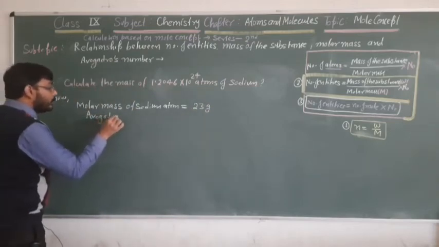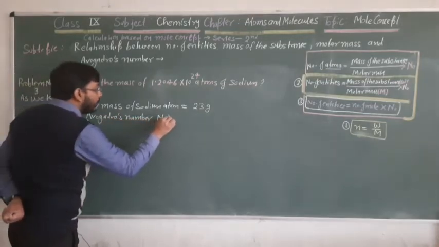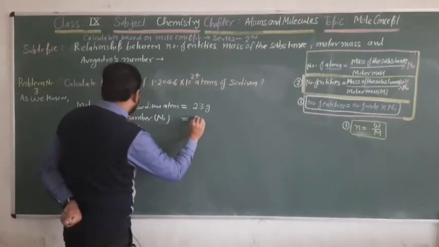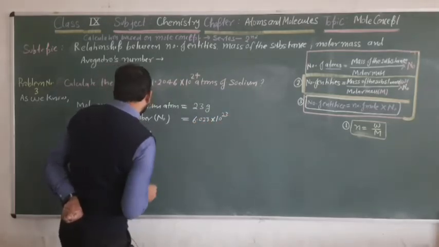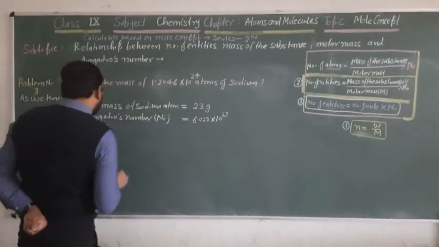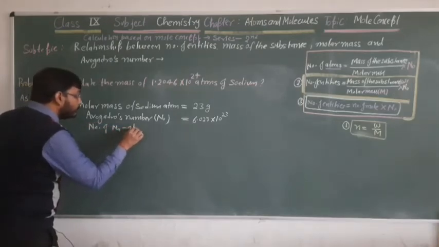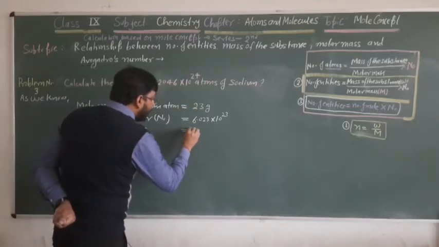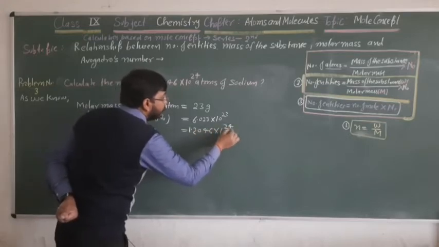Avogadro's number, N naught, is equal to 6.023 into 10 to the power 23, and in this question the given number of sodium atoms is equal to 1.2046 into 10 to the power 24.